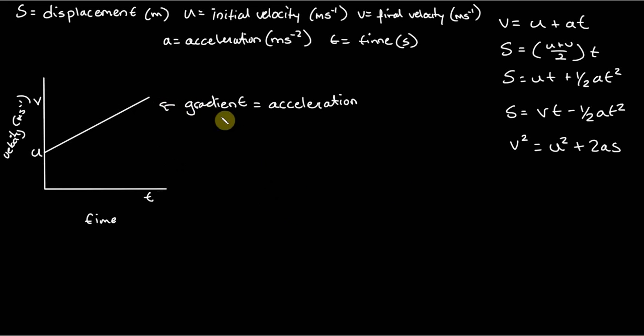And so if the gradient equals the acceleration, we can rewrite this as delta V over delta T, which is the change, and I suppose this is one of the stated assumptions behind this derivation, that the acceleration equals change in speed over time.